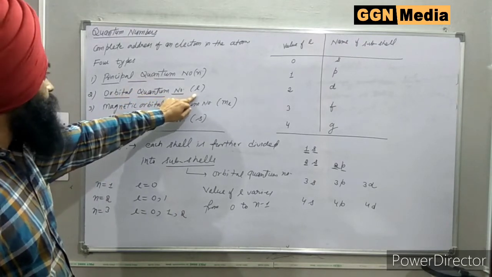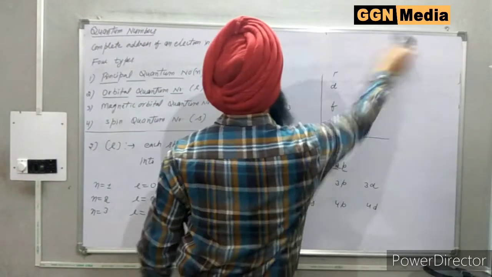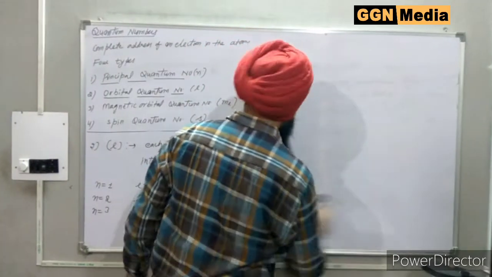Let me make L clearer. This value of L is connected to the orbital magnetic moment.